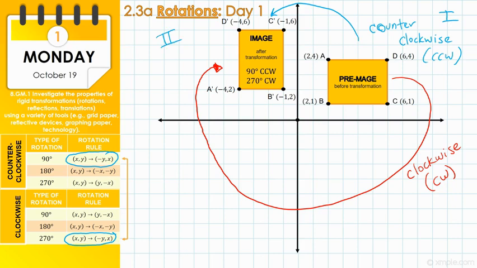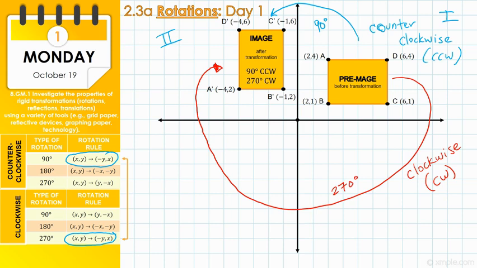Counterclockwise, we've moved from quadrant 1 the opposite direction to quadrant 2. This is a counterclockwise 90-degree rotation and a clockwise rotation of 270 degrees.